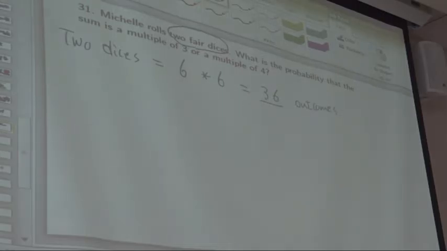The 36 outcomes mean it can be 1,1, 1,2, 1,3, 1,4, 1,5, 1,6. The first is the first die, and this is the second die.